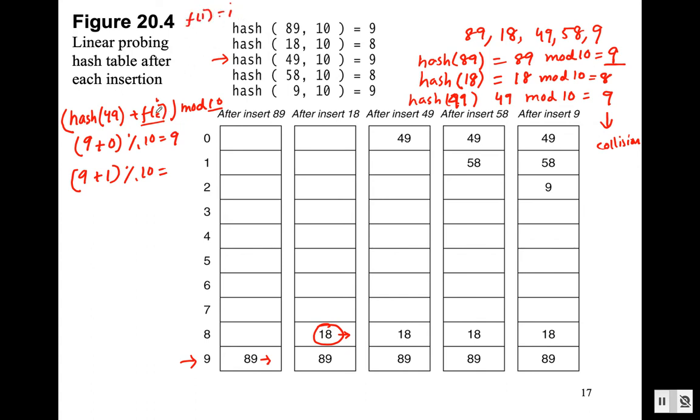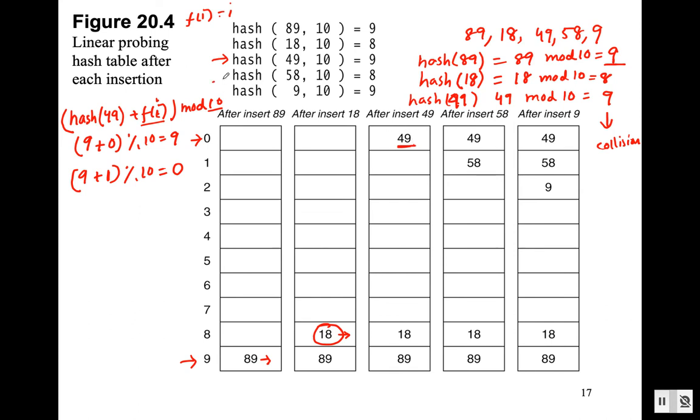With i 0, f of i will be 0. With i 1, f of i will be 1. So 10 mod 10 is 0. Now we check whether cell 0 is empty or not. It looks like cell 0 is empty, so we are going to insert 49 here.